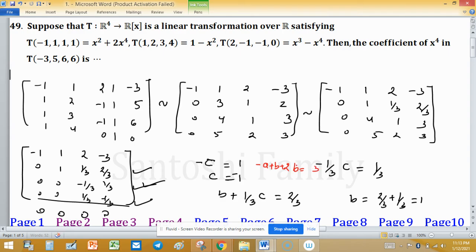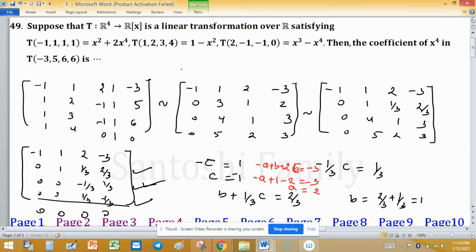We have the values of B and C, so putting B = 1 and C = -1, we get A = 2. We got the values of A, B, C.